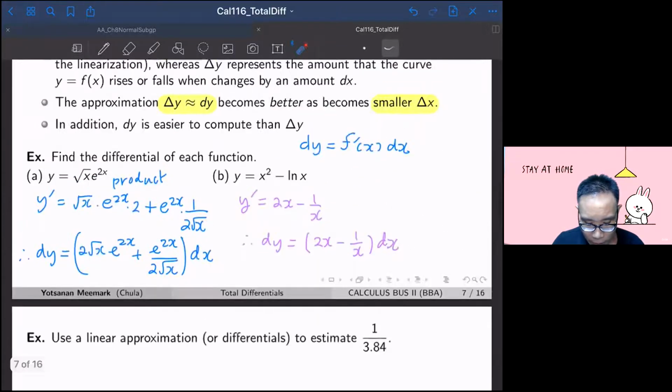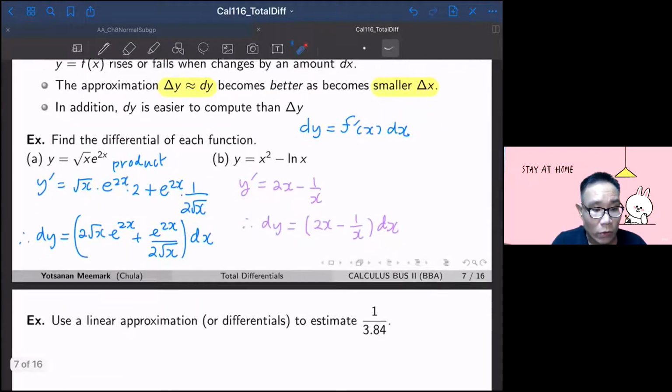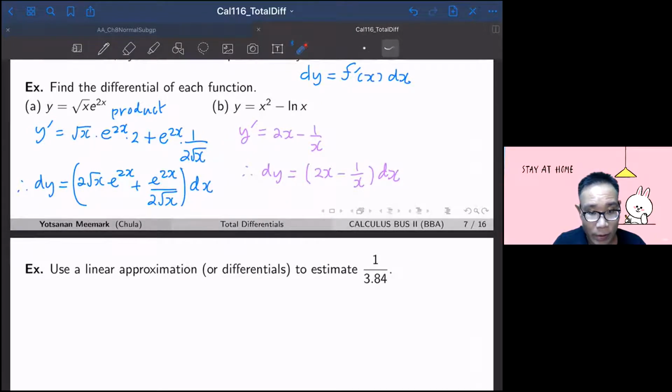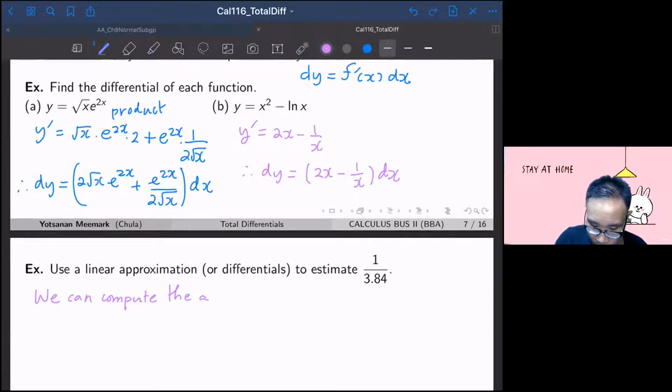The next one asks you to use the differential to estimate 1 over 3.84. We can compute the actual value by just using long division.